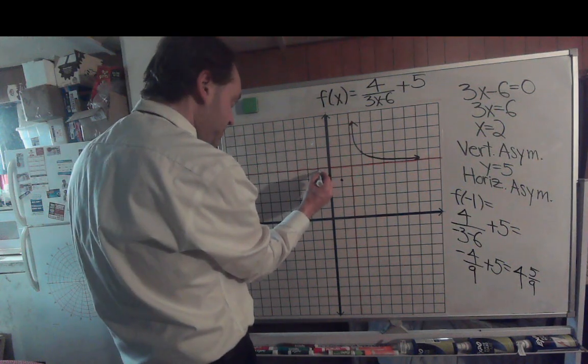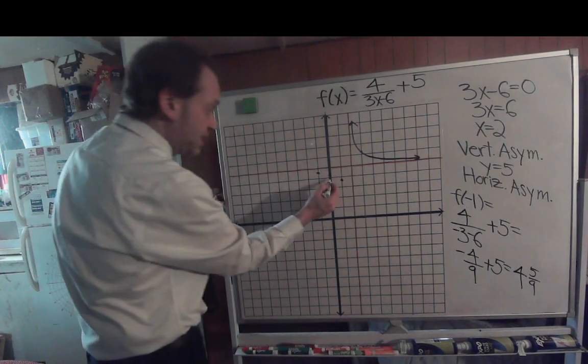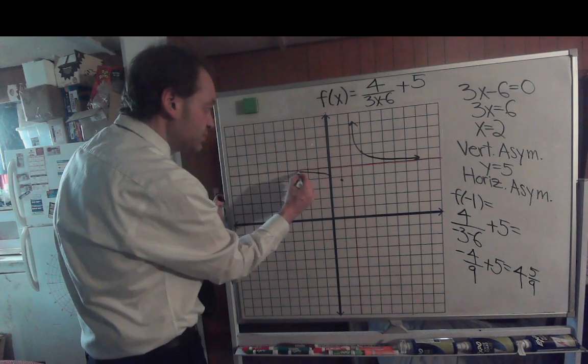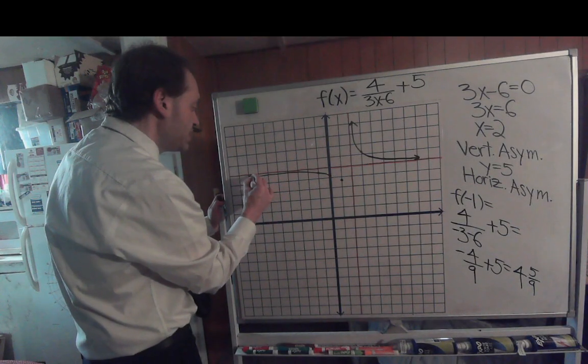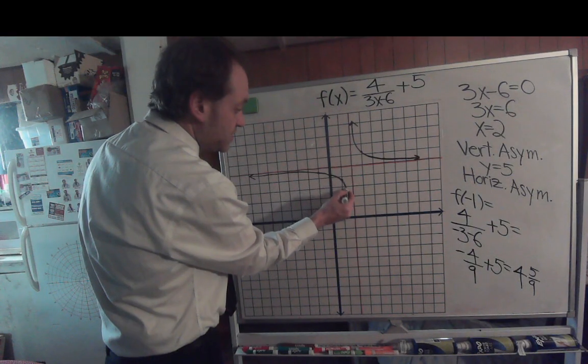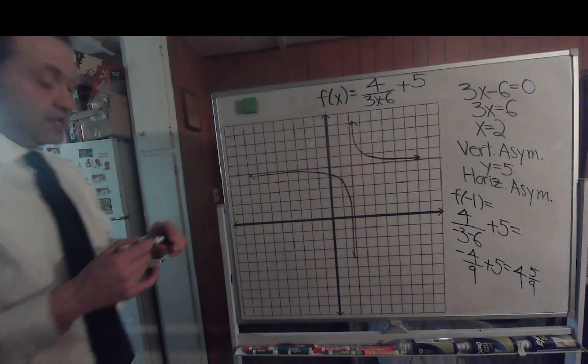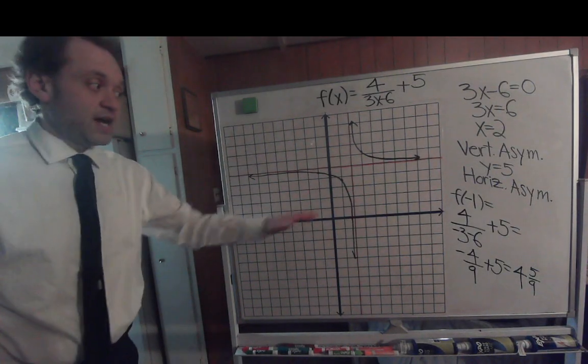So a little over 4 1/2. So you see the shape it's taking. To the left, it's getting closer and closer to that y value of 5, but not quite able to reach it. Then to the right, it's getting closer and closer to that x value of 2, but not quite able to reach it. So there would be the graph of this rational function.